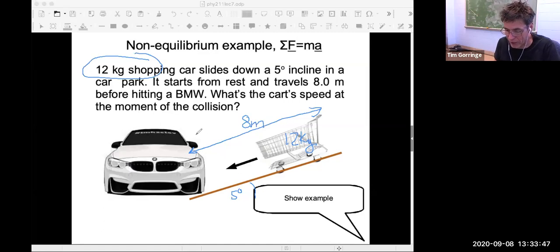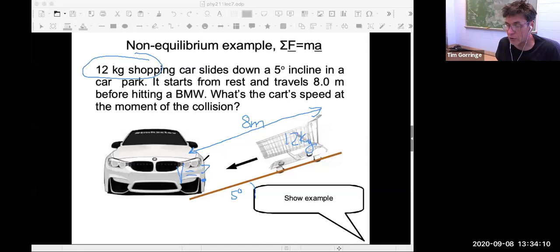And we've got to figure out over here, what speed does it hit my BMW? So that's our challenge. And this is a situation involving non-equilibrium, just like the falling building. The shopping cart was at rest and it starts moving and keeps changing its motion, and that's non-equilibrium.